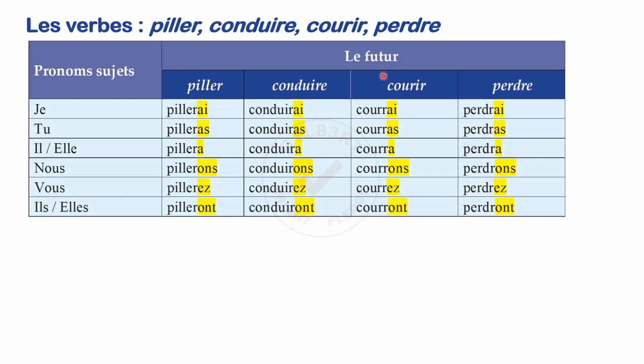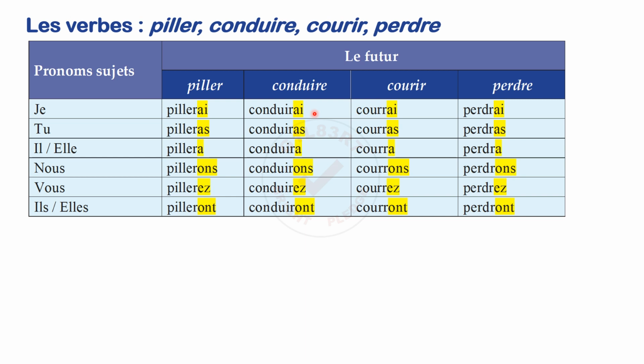Generally, if you recall, you would have learned earlier that to form the future tense for ER verbs, directly we can go ahead and add the future endings. You can see the future endings highlighted here, which are AI, AS, A, ONS, EZ, ONT. Similarly, if it's a RE verb, we cut the E and then we add the ending.